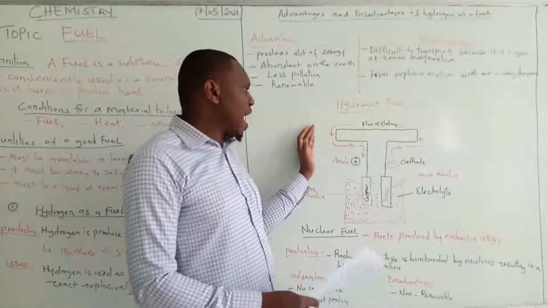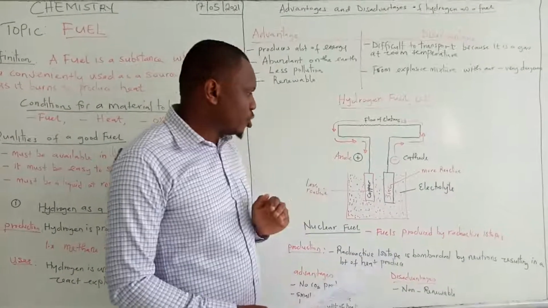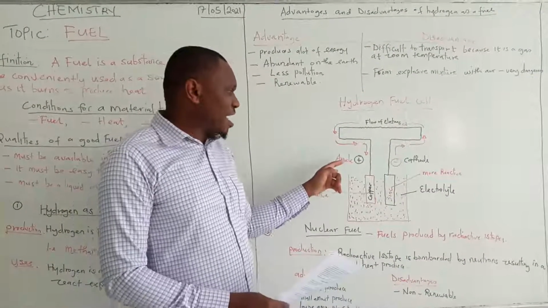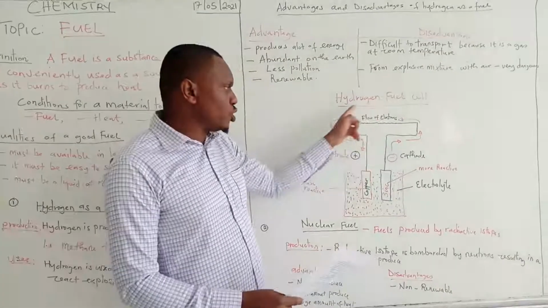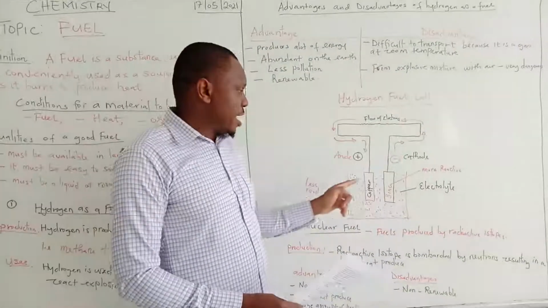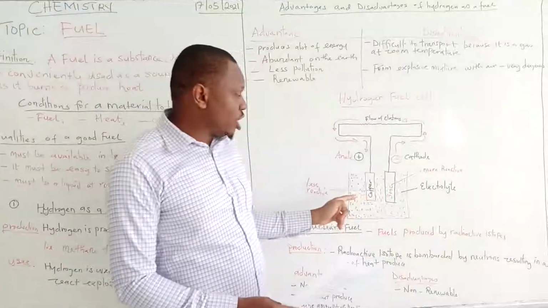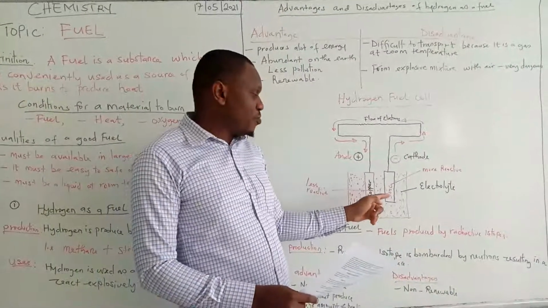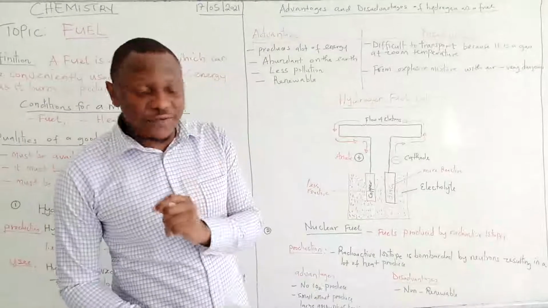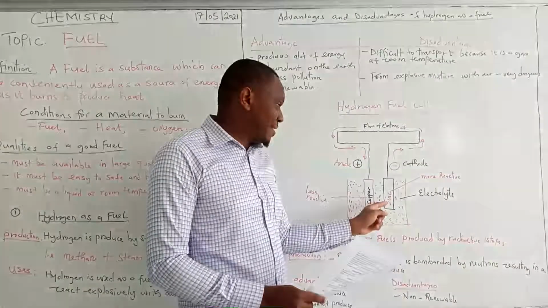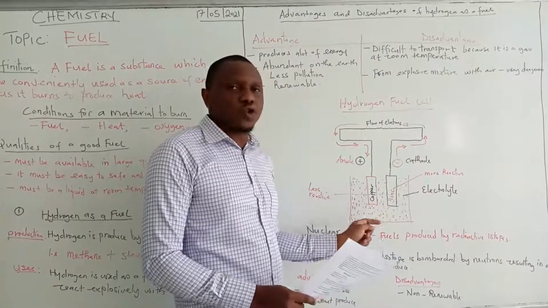Now, looking at this diagram, you will see that it consists of an internal circuit and an external circuit. It contains the anode and the cathode. It contains two metals of different reactivity, copper and zinc, and the electrolyte.